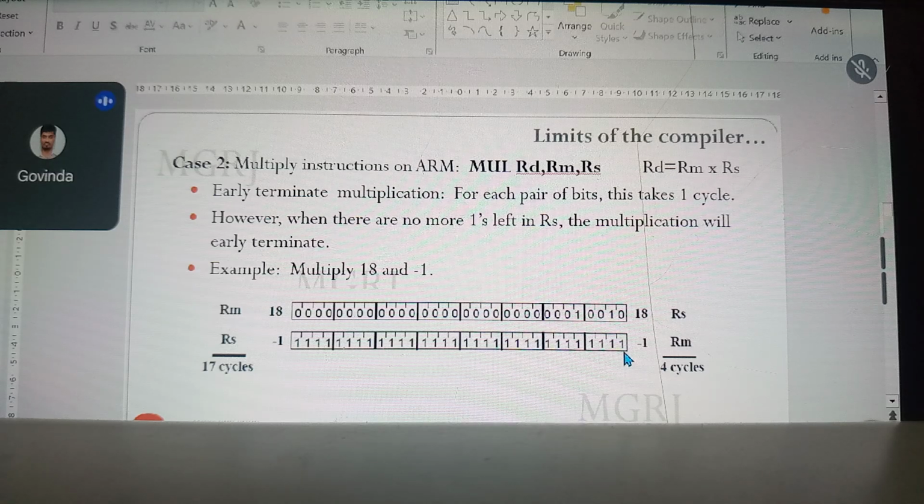That is possible only if RS is having 18 and RM is having -1. That means if RS is holding a number with many leading zeros, then the multiplication will terminate early. This is a feature available in the ARM architecture. This is a limit of the compiler. What I mean to say is, if the compiler assigns RM equal to 18 and RS equal to -1, then early termination of the multiplication will not work.